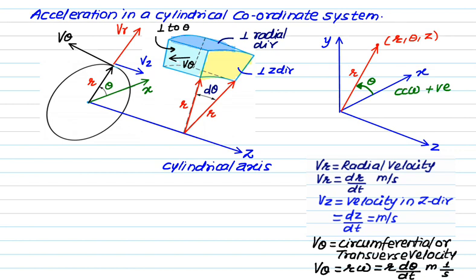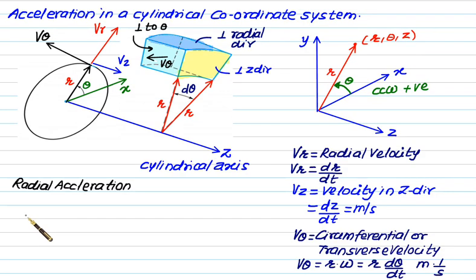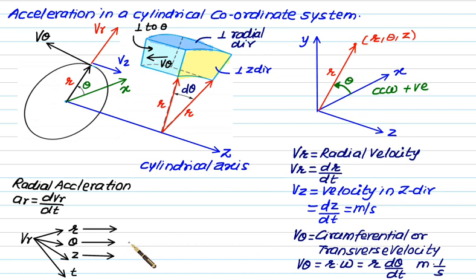For this element, first of all we'll calculate the radial acceleration ar, which is given as dVr by dt. Radial velocity Vr is a function of r, theta, z and time t. And if it is an unsteady flow, then r is also a function of time, theta also a function of time, and z is also a function of time.